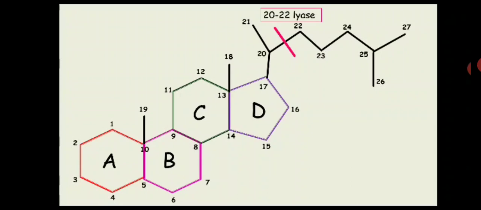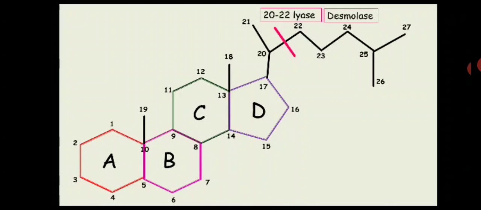The other name of the same enzyme in some books is written as desmolase. Desmolase is nothing but a lyase, a cutter that cuts the bond between 20 and 22.